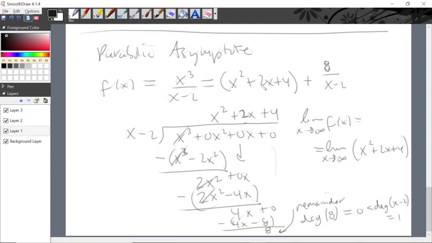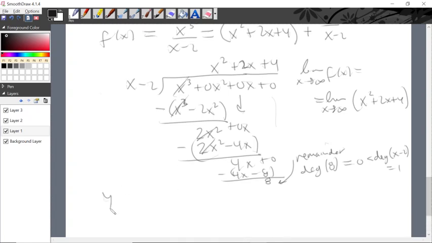That means this is therefore an asymptote. So y equals x squared plus 2x plus 4 is an asymptote for the function f of x, and the shape of this asymptote is parabolic because it's a quadratic function. So this is a parabolic asymptote or a quadratic asymptote.